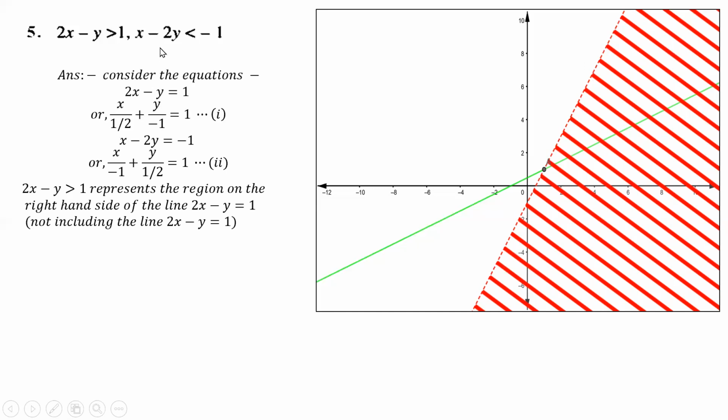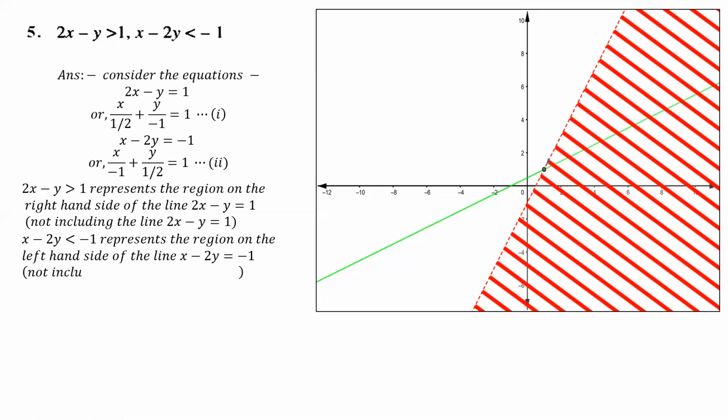Now let's talk about the second one, x - 2y < -1. For this inequality, definitely not including the line, since the less than sign is there, it will be the left hand side or the lower portion. So if we take the left hand side of the line, it will be represented by this region.